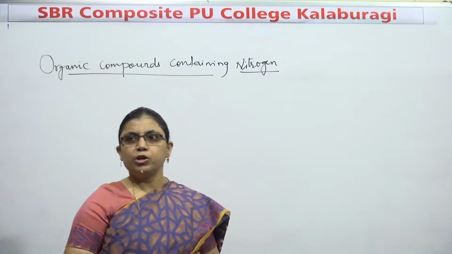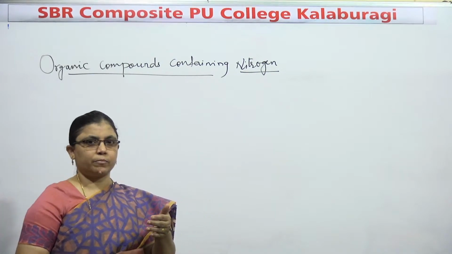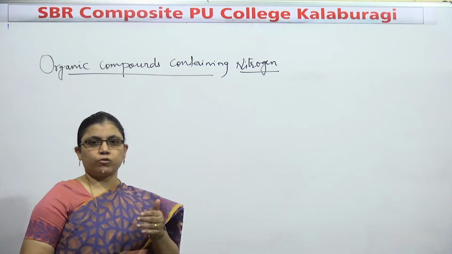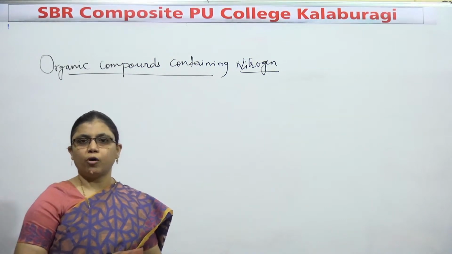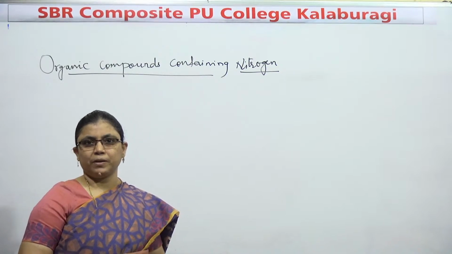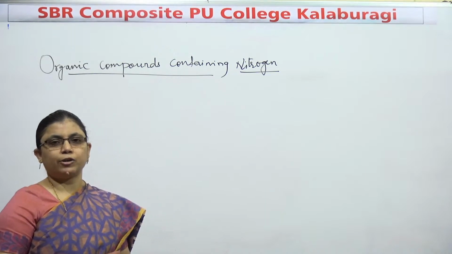Children, one thing you need to remember: from haloalkanes to amines, all the conversions are possible. Only the thing is that we need to go for a suitable reagent. Then only the conversions are possible from alkyl halide to the last one.